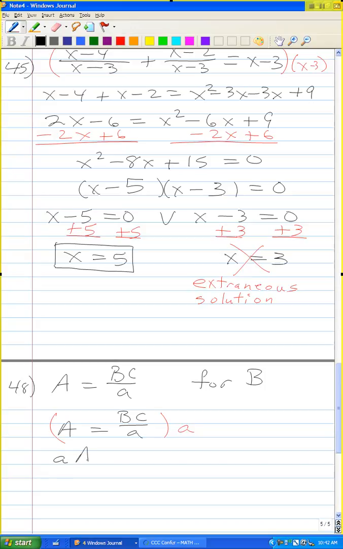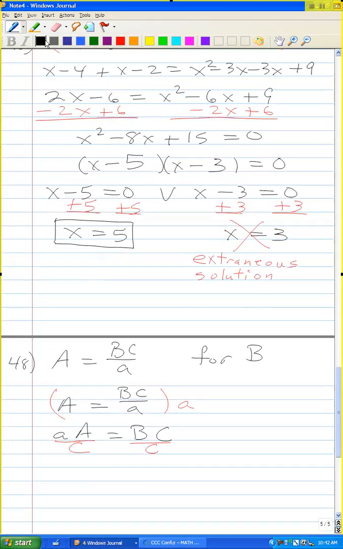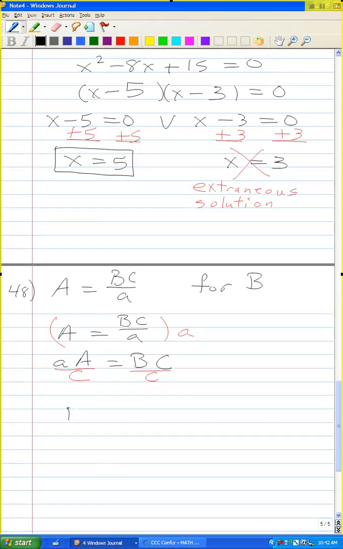So little a times capital A equals capital B times capital C. I want to solve for capital B, so divide both sides of my equation by capital C. So if I do that, I get that capital B is equal to little a over capital A over capital C. And that is your answer.